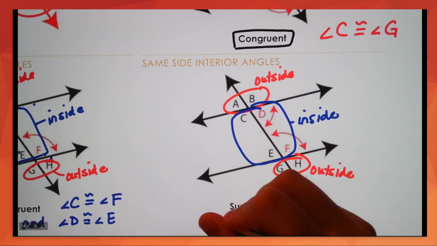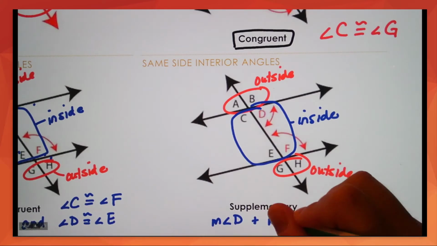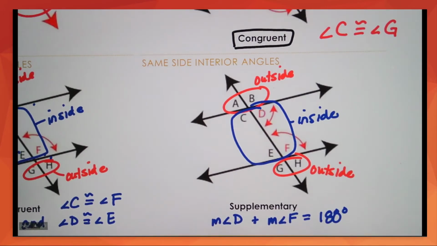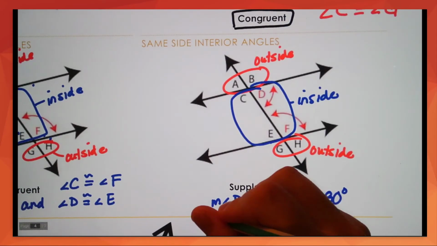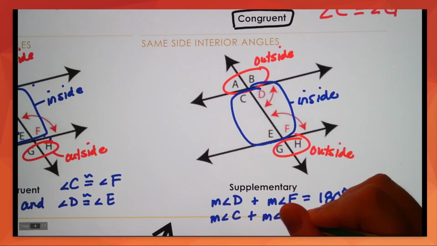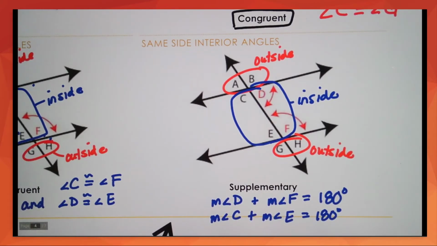The measure of angle D plus the measure of angle F, when you add them together, gives you 180 degrees. You can also say that C and E make up 180 as well. So the measure of angle C plus the measure of angle E is also 180 degrees.